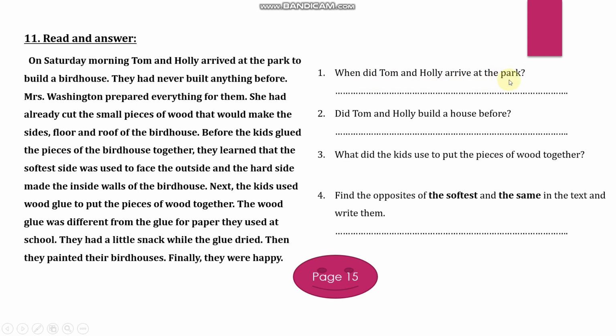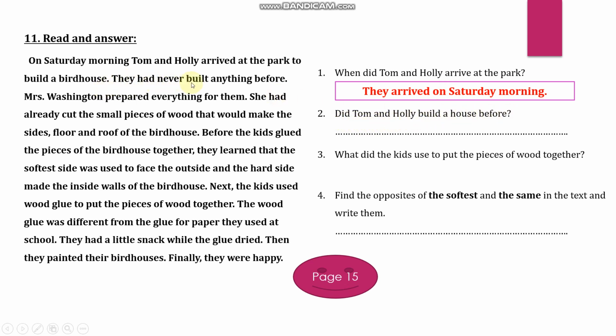Yes, they arrived on Saturday morning, and don't forget we have did and arrive, mix them together to give you arrived, the past simple form. The answer of number 1, they arrived on Saturday morning, and Saturday is a capital letter. Pay attention, it's a proper noun. Number 2, did Tom and Holly build a house before?